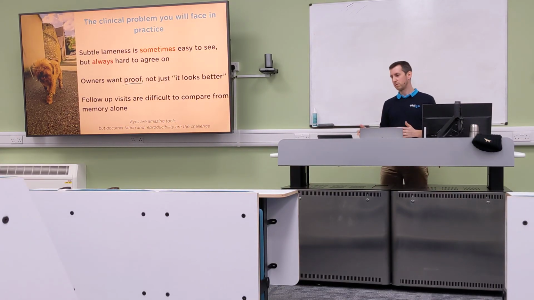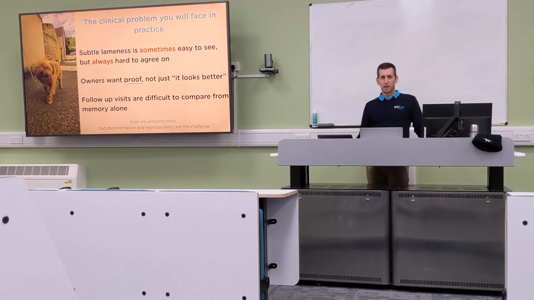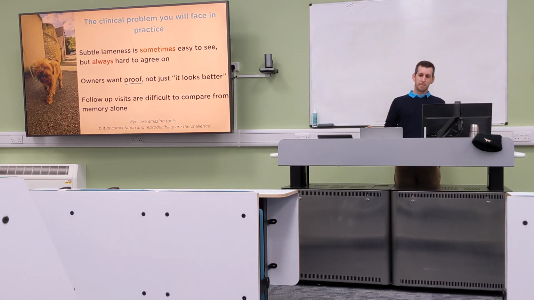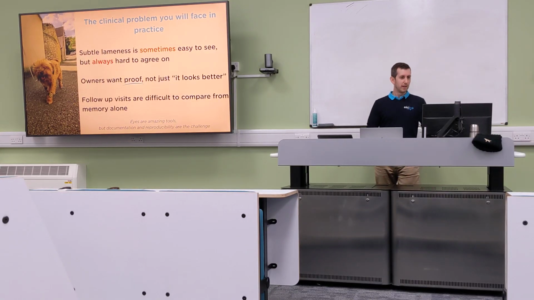Most of the time it is clear, sometimes it's a little bit subtle, but the hard part is agreeing on the lameness: which limb is affected, and most importantly, documenting the lameness and knowing, for example, 2 weeks or 1 month after, is it better? Is it worse? This is why objective measurement tools come into play. This is a tool to help you know if it's better or not.